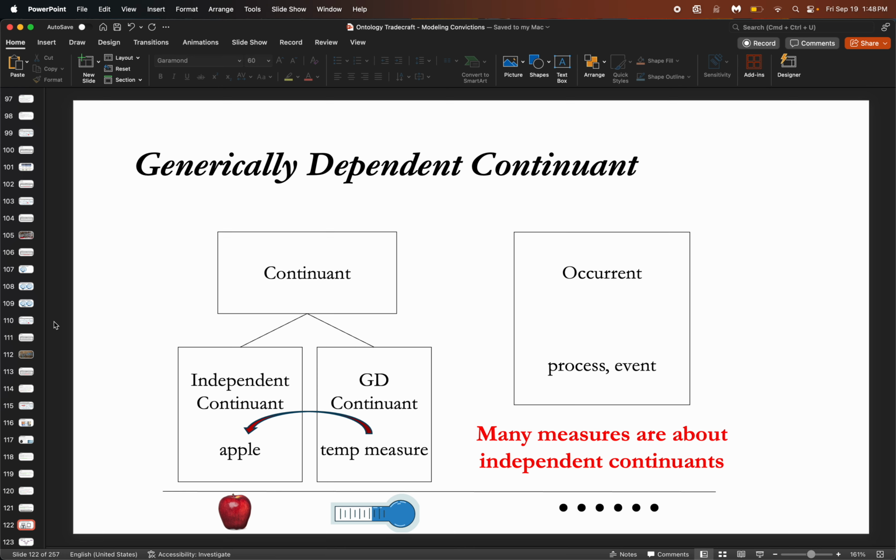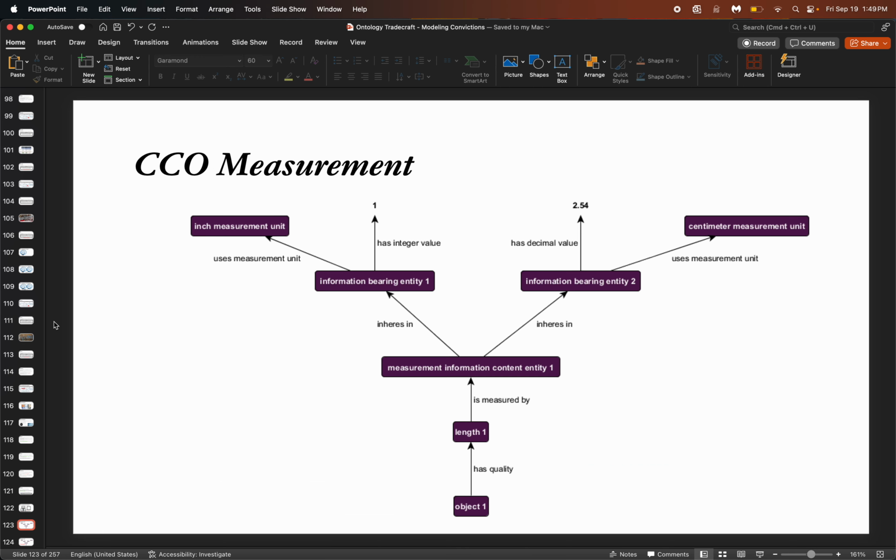But in any event, many measures, things that you see like measurements, units, they are about independent continuants. They are about stuff in the world in just this sense. So here's a design pattern, a visual diagram of a representation in the Common Core Ontologies that represents measurement. An object in this case has some quality of interest, such as a length, which is measured by some information, which adheres in some bearer with an associated measurement unit and some value.